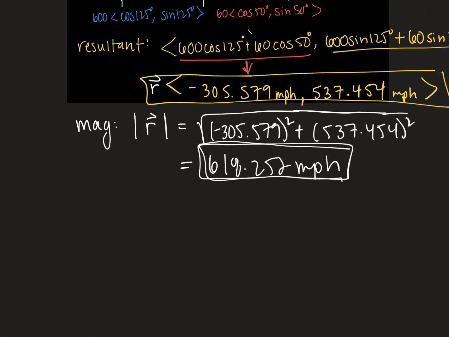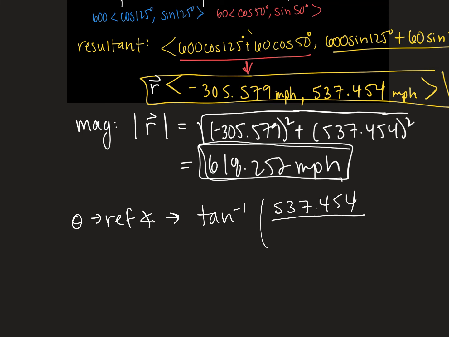Okay, so we'll go down here and actually do that trig work. To find theta, which in this case is a reference angle, it's not actually the bearing, I'm going to do tangent inverse of opposite over adjacent, or sine over cosine. You actually don't need the negative in there, it's just giving you a reference angle.